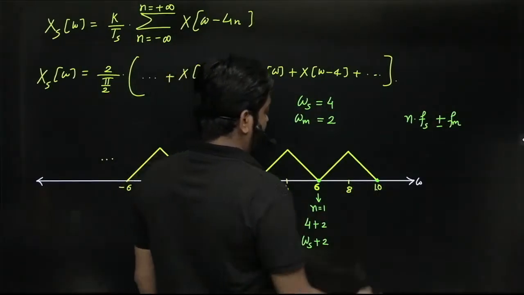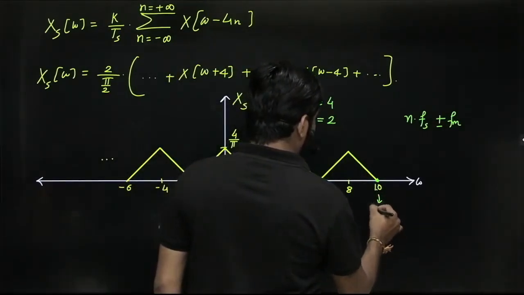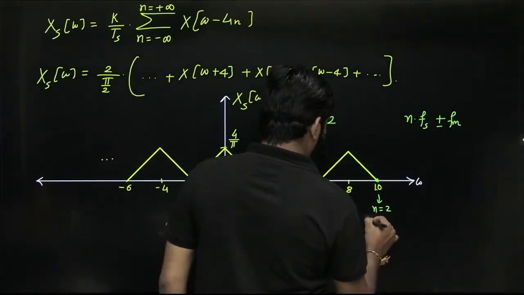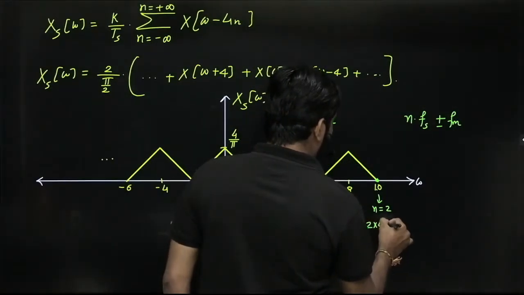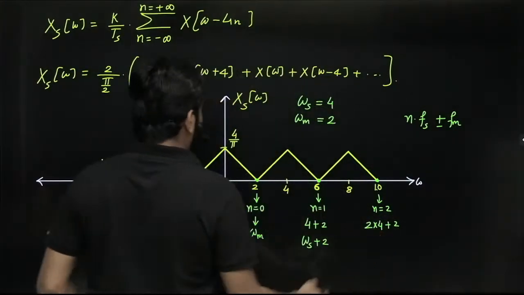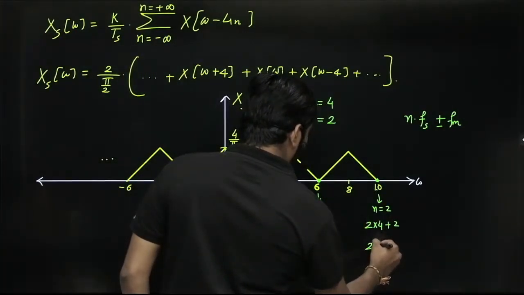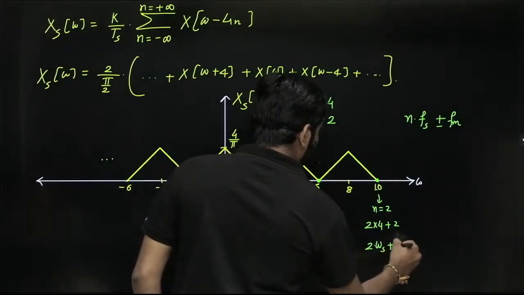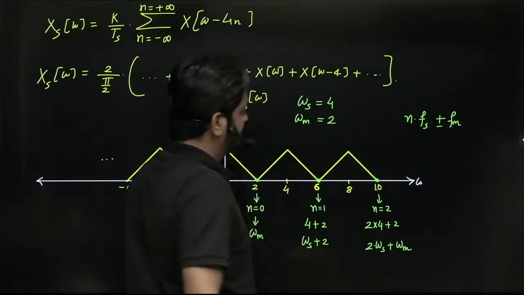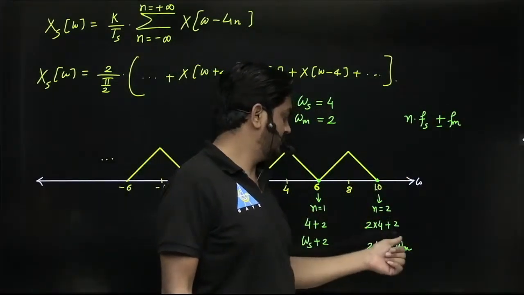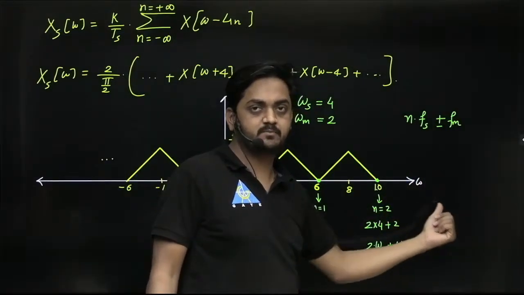Similarly, what about 10? Can we write it like this? Let us consider n equal to 2, that is 2 into 4 plus 2. So we can write 2 omega s plus omega m. Similarly, next 3 omega s plus omega m, then 4 omega s plus omega m.